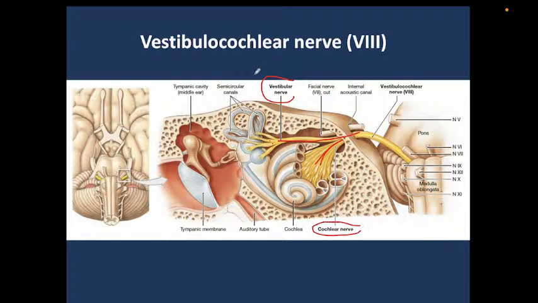So when we combine vestibular and cochlear together, we get the vestibulocochlear nerve. That is the pair of cranial nerves number 8. Here you see the meatus acousticus internus, and also the facial nerve here, and the vestibulocochlear nerves terminate in the pons, between the medulla oblongata and pons. This is the same place where we find the facial nerve.